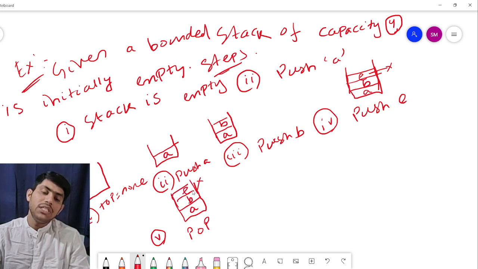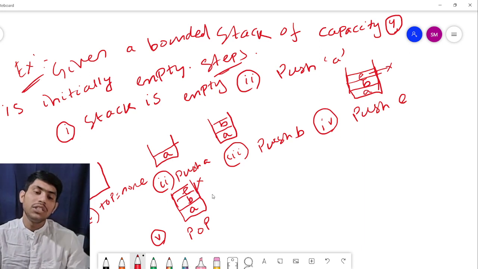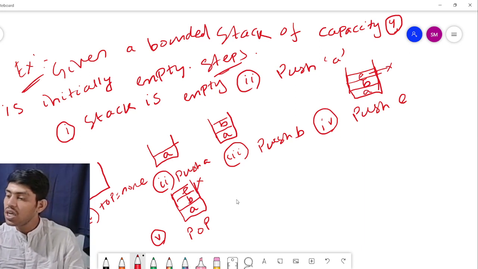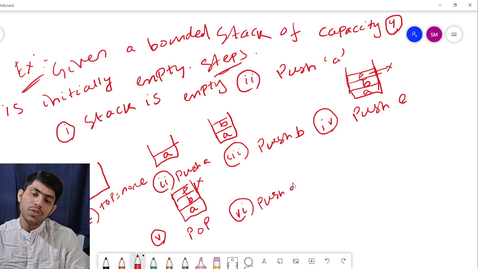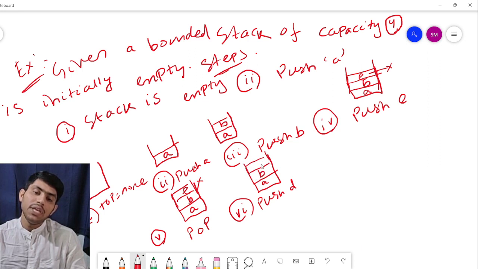That means E is now removed from the stack in the fifth instruction. Then sixth instruction, push D. Now E is already gone, so A and B are present on the stack, and on the stack top, D will be there.